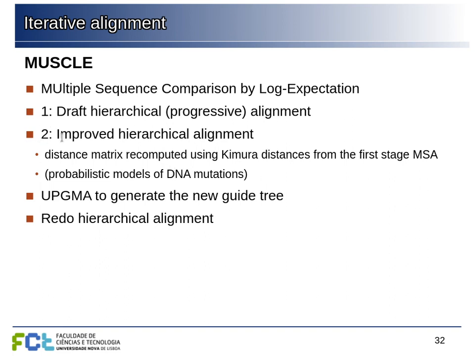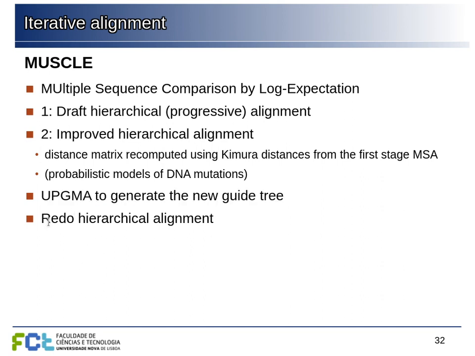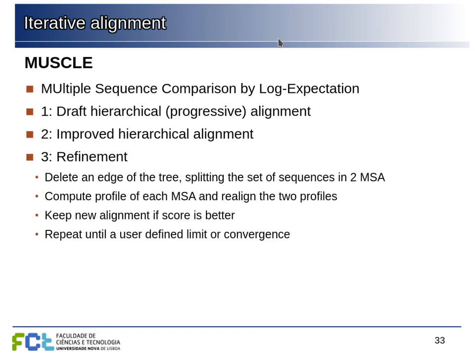So there is a better estimate of the distances between the sequences than if we were just to look at pairwise alignments. Now we generate a new guide tree, also with UPGMA, and MUSCLE redoes the hierarchical alignment. And then it will start refining.